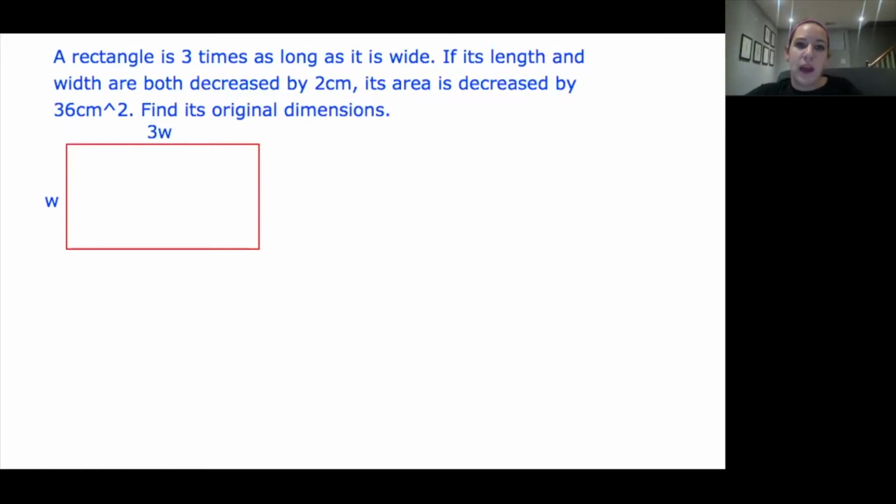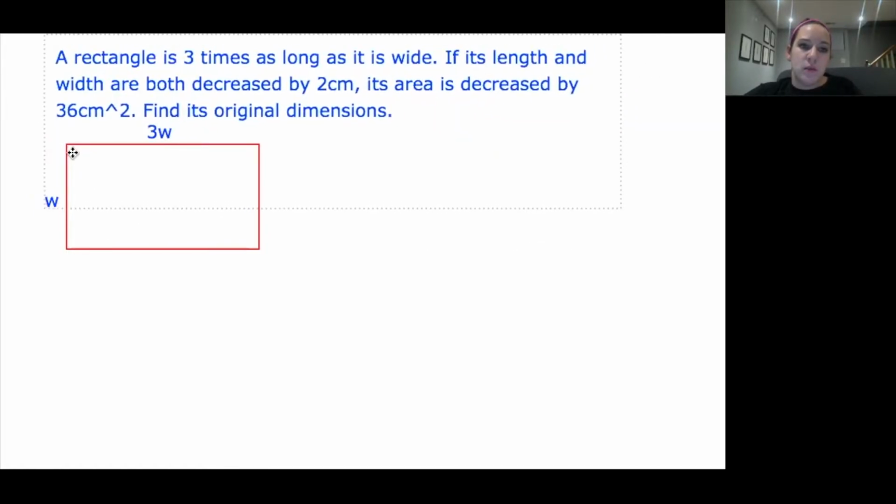But then we have our new rectangle, and we'll make it green.